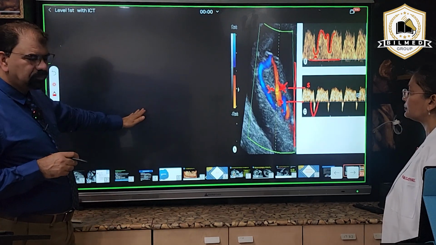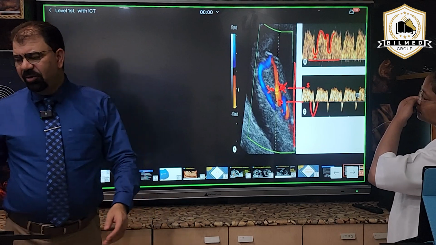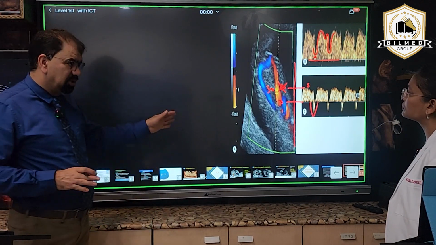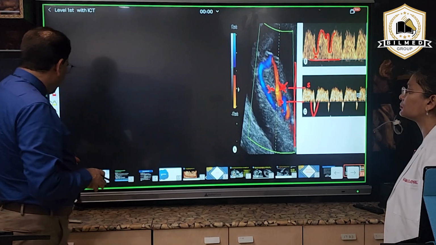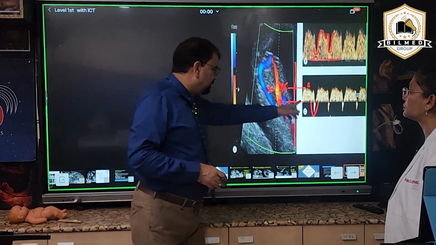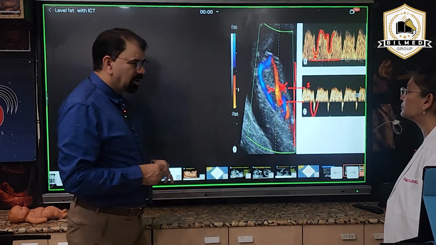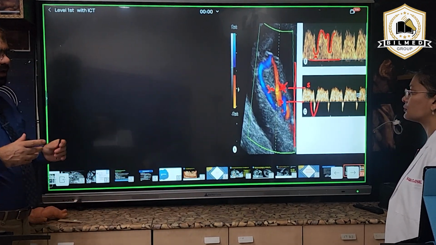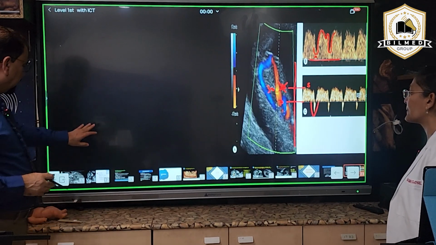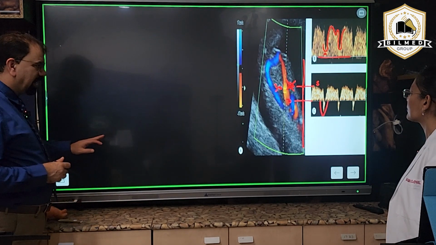So here, we are not taking this DV for acidosis, but we are taking this DV over here, if abnormal, for some cardiac defects or chromosomal abnormalities. So there are cases with this abnormal DV.